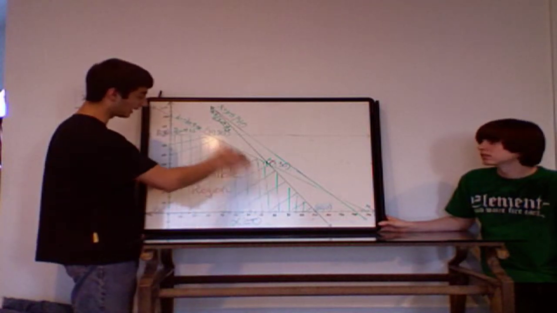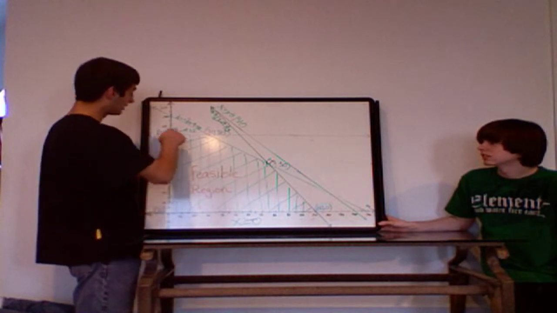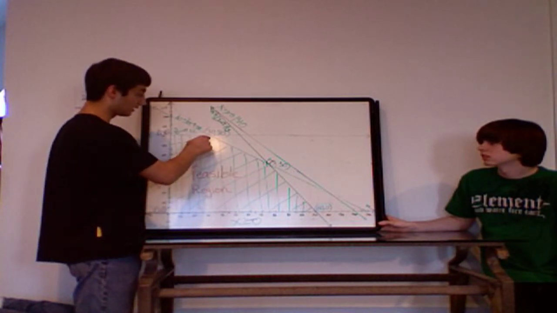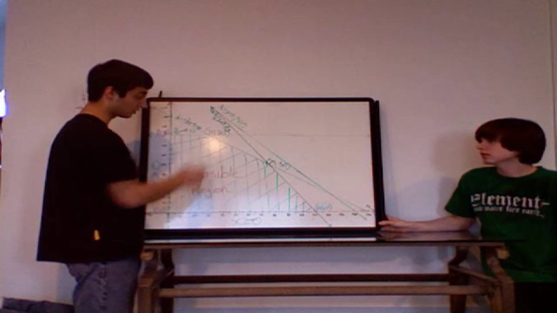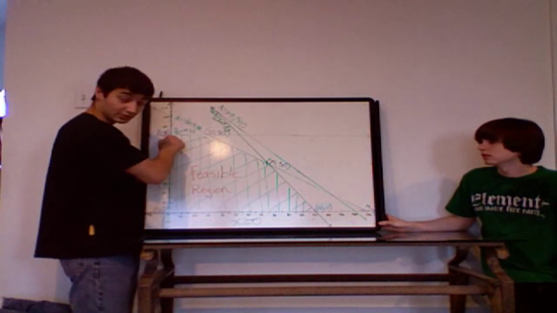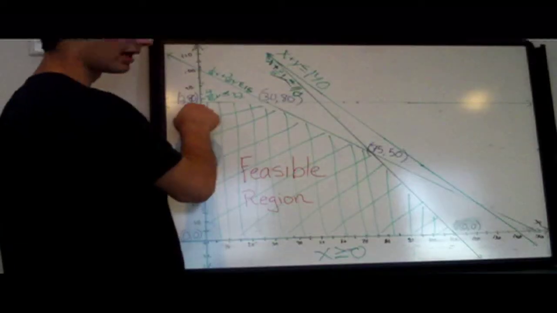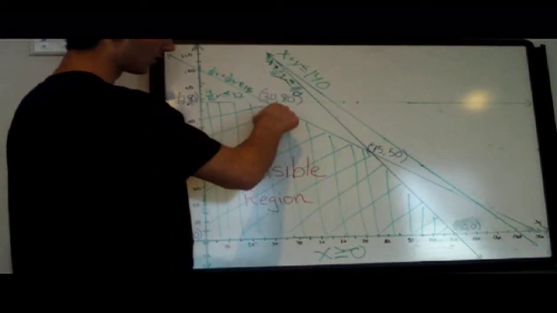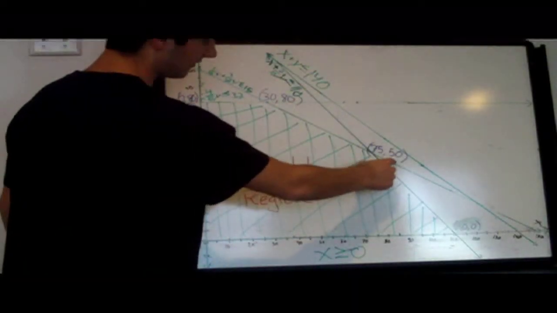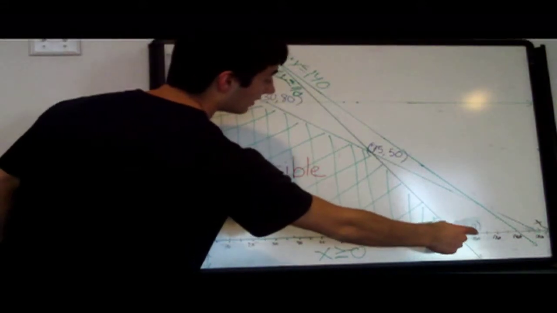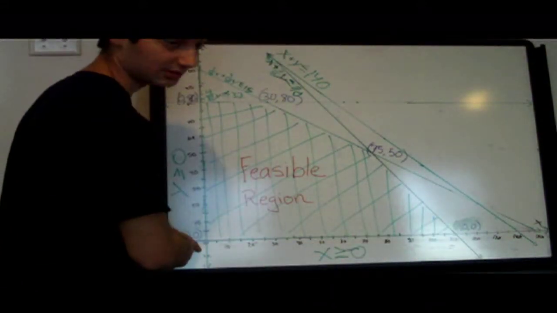When you graph the lines and then solve the system to get the intersections and to get the vertices of this feasible region, you get 0, 80, 30, 80, 75, 50, 110, 0, and of course 0, 0.